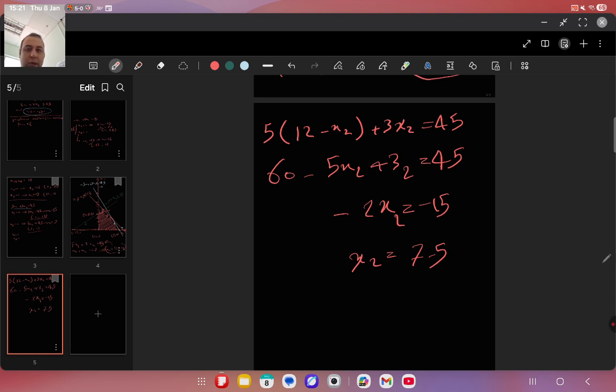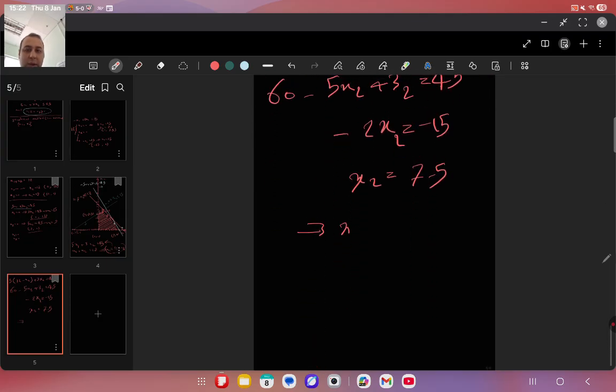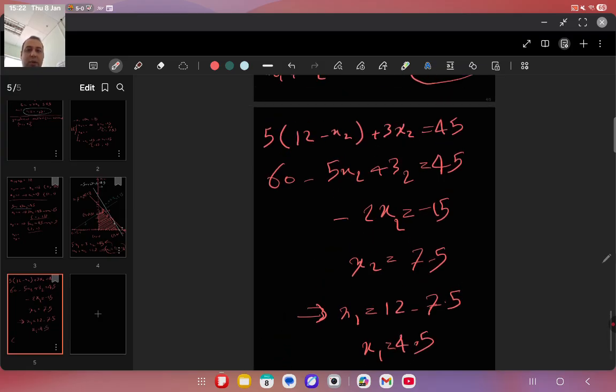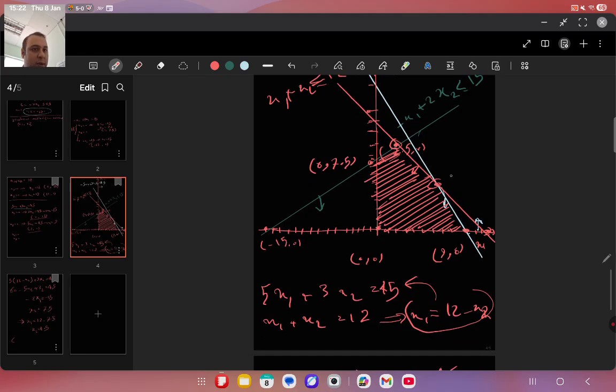So if x2 is equal to 7.5, we have x1 equal to 12 minus 7.5, which is 4.5. So the point that we are looking for is 4.5 and 7.5.